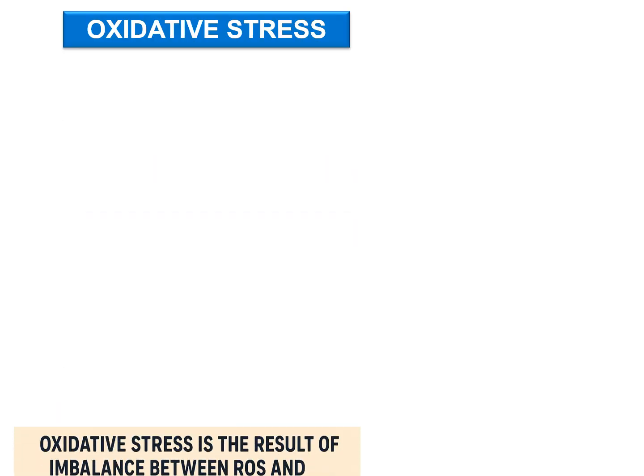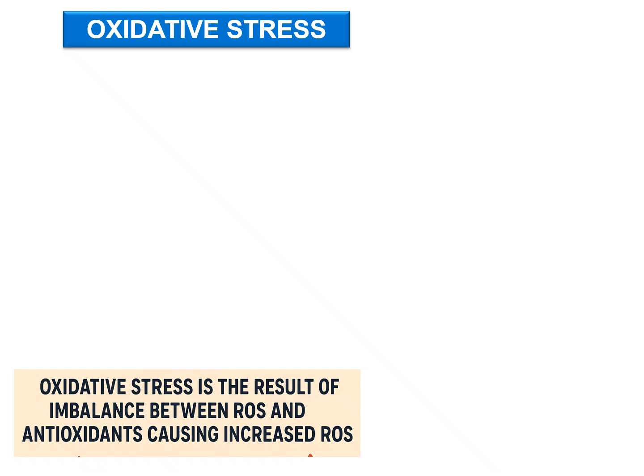So coming to oxidative stress. What is oxidative stress? Oxidative stress is the result of imbalance between reactive oxygen species and antioxidants causing increased ROS. So ROS are trying to damage membrane, nucleic acids and proteins, whereas antioxidants are trying to counteract the effect of ROS. So there is a balance between ROS and antioxidants so that we are in a stable state.